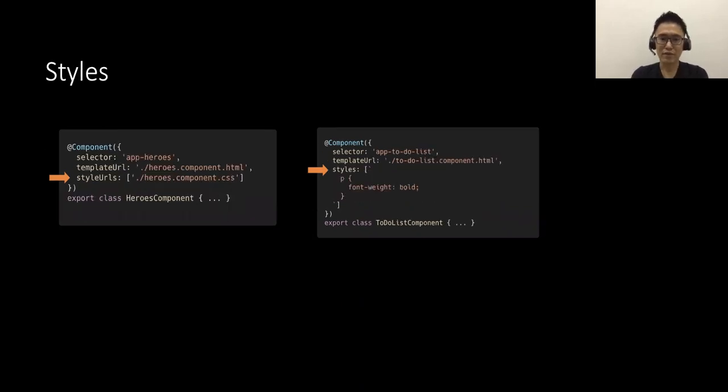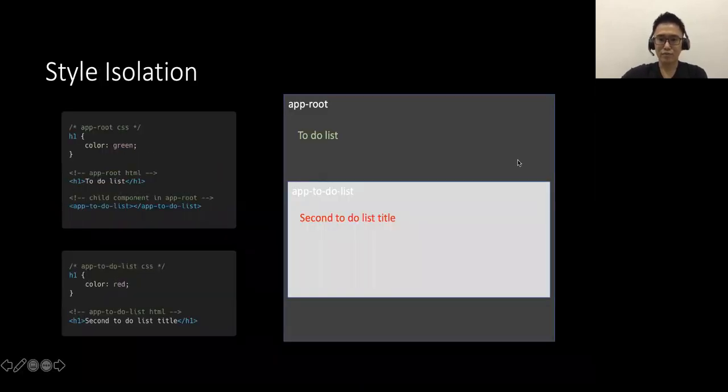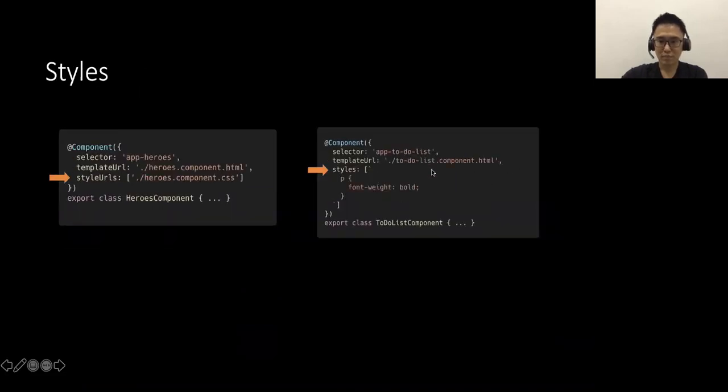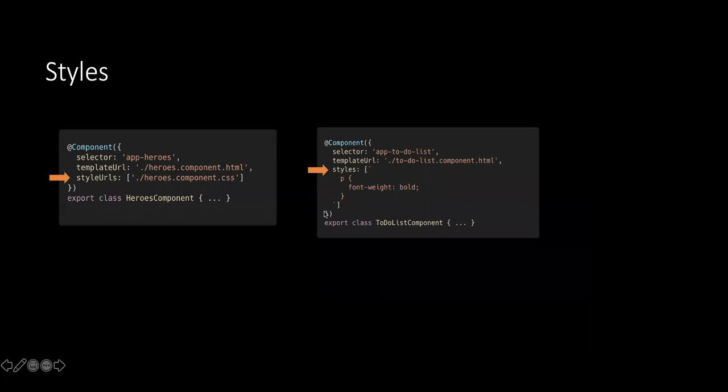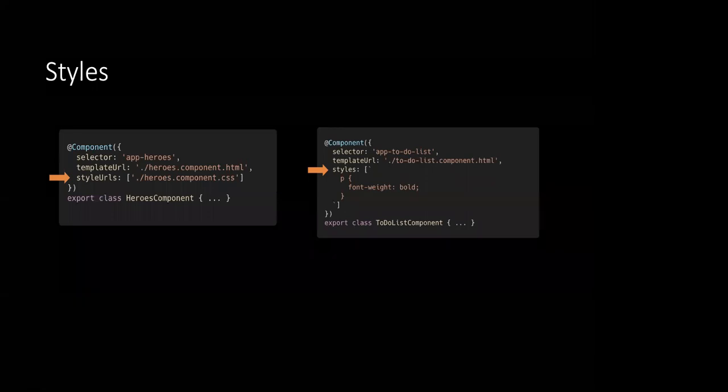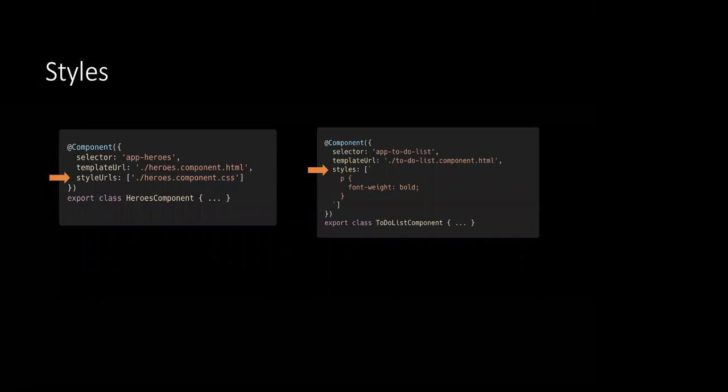The same goes for the style. Instead of referencing the style in another file, you can also put the style inline in this file. But it's not good practice to write in this section, because we can just have the file name and separate the code into a separate file.